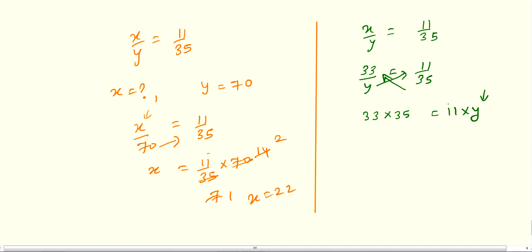Only y we have to find, so transpose this 11 to the left-hand side. So y equals 33 into 35 upon 11. 11 ones are 11, 11 threes are 33, then 3 into 35 is 105. So this is your required answer. Like this you have to solve question number 6.